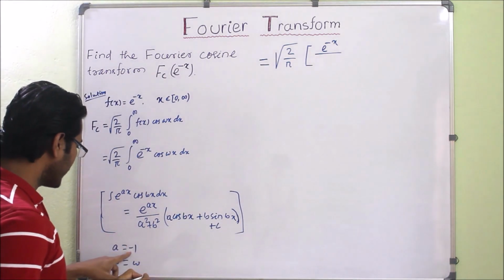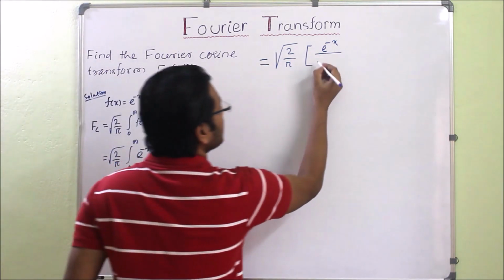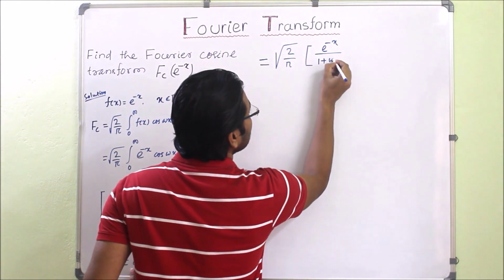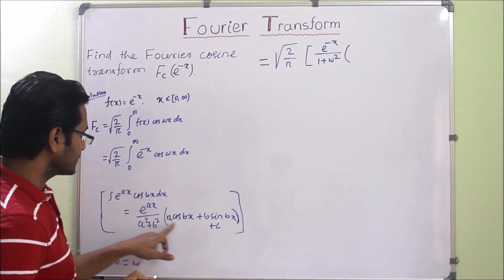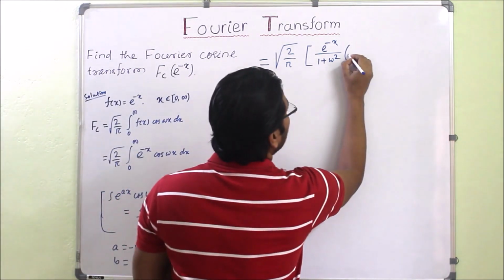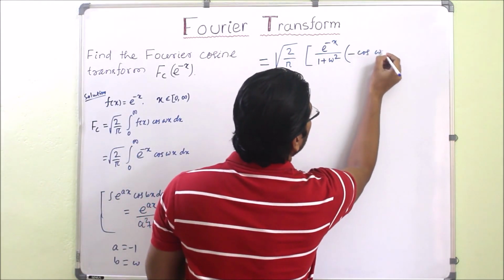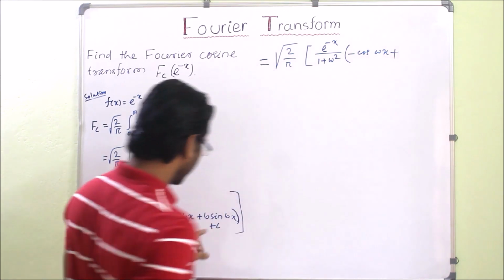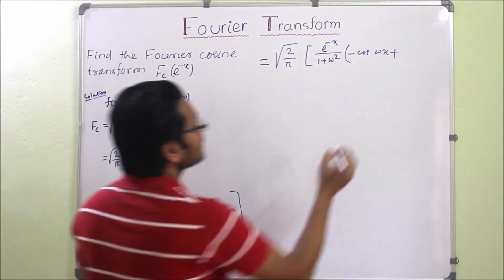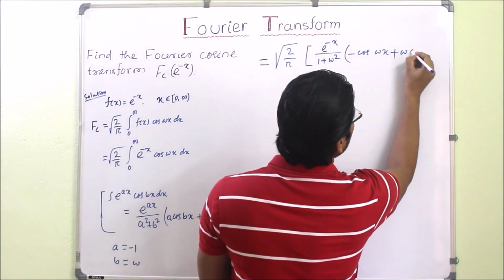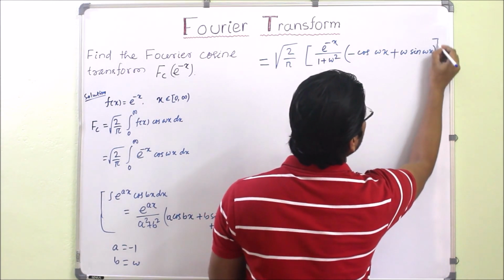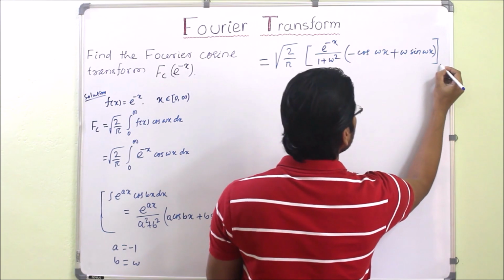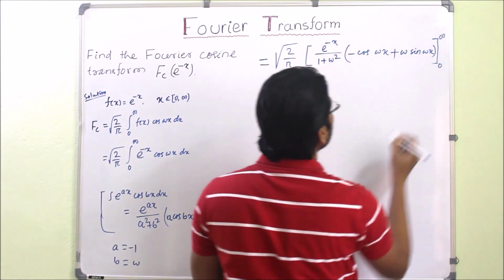Minus 1 square is 1, w square is w square, so 1 plus w square, whole into a cos bx, where a is minus 1, so minus cos wx, plus b sin bx, where b is w, so w sin wx. Now close the bracket and the limits will be from 0 to infinity.